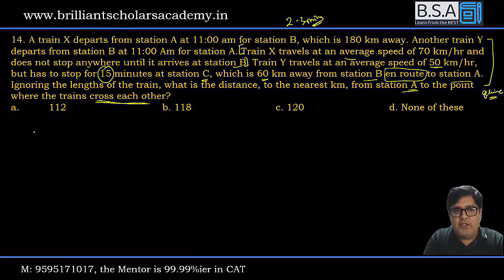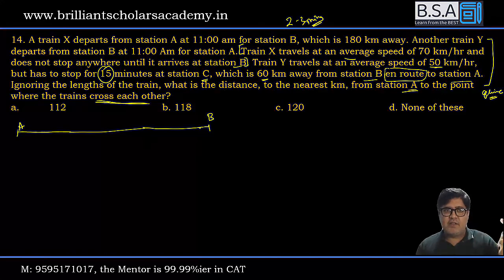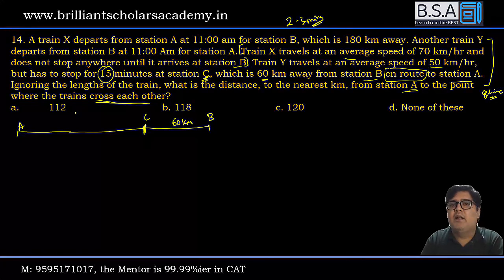The locations are A and B, the originating station for train X and train Y. There is a location C or a station C on the way, which is 60 kilometers from B. Total distance being 180.